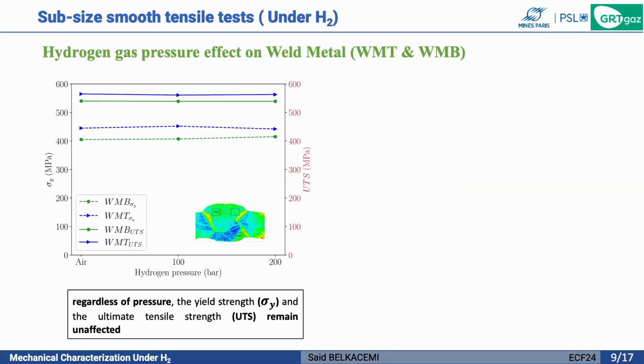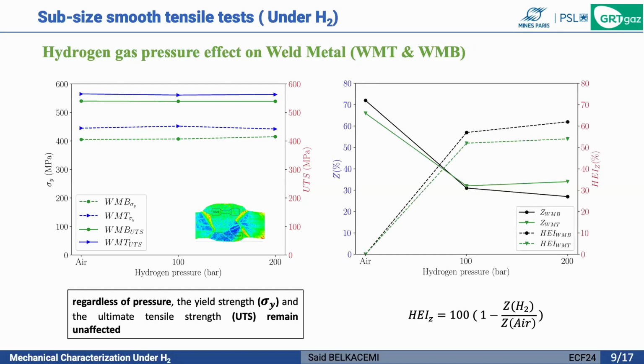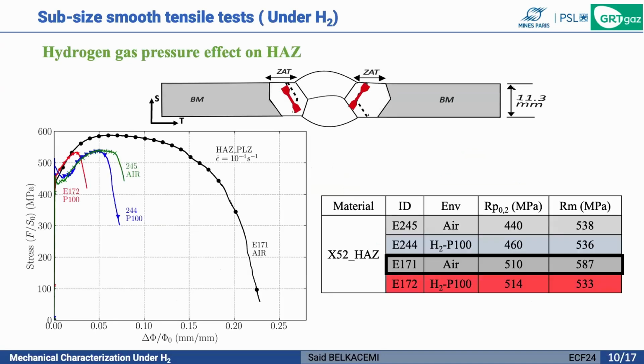We also see that regardless of the pressure, the yield strength and ultimate tensile strength remain unaffected. But we also see that we have a strong effect on ductility. When we compare tests under air and tests under 100 bar hydrogen, we see that the ductility decreases by approximately 50 to 60%. And when we compare tests under 100 and 200 bar, we don't see much further decrease.